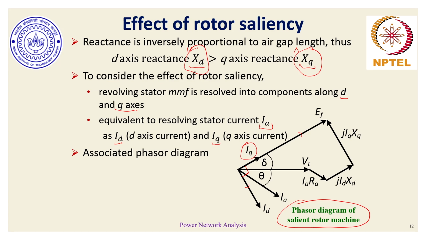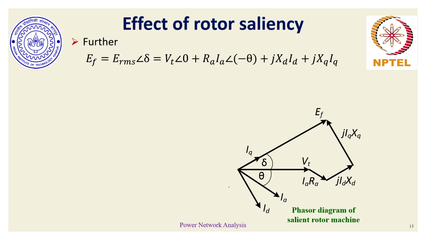And mathematically we can define ID to be the sine component of armature current, which is dependent on the impedance angle and torque angle, and the corresponding quadrature axis current is the cosine component of armature current, which again depends on the phase angle between voltage and current, terminal voltage, and the power angle.